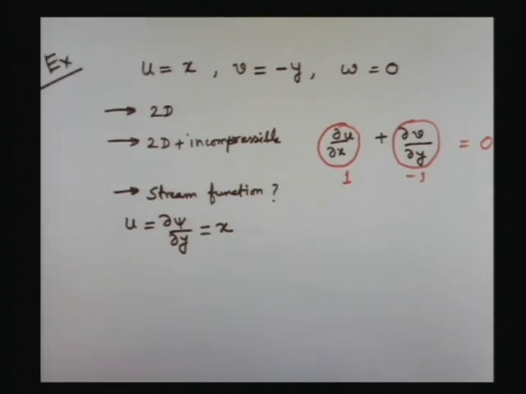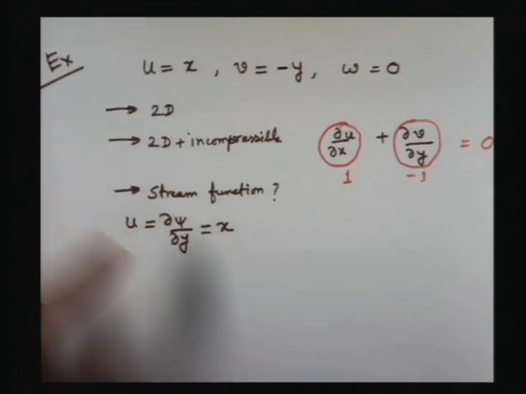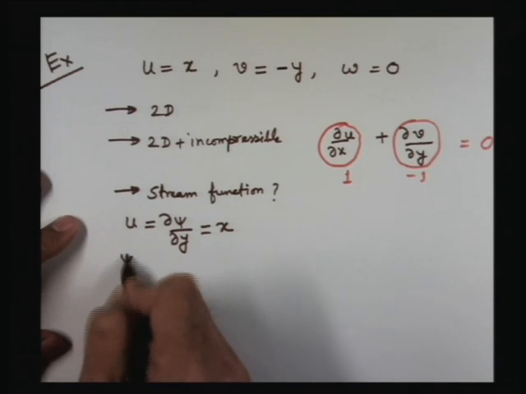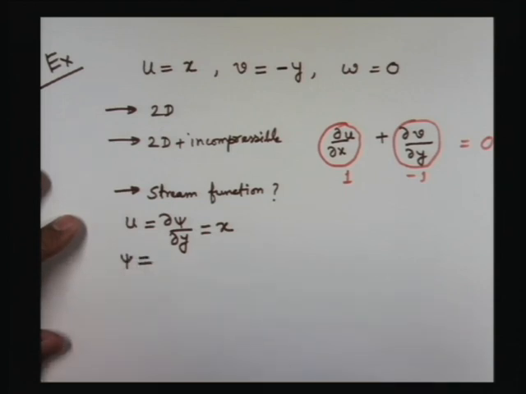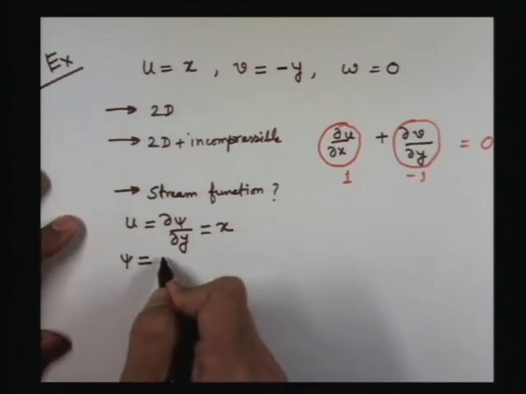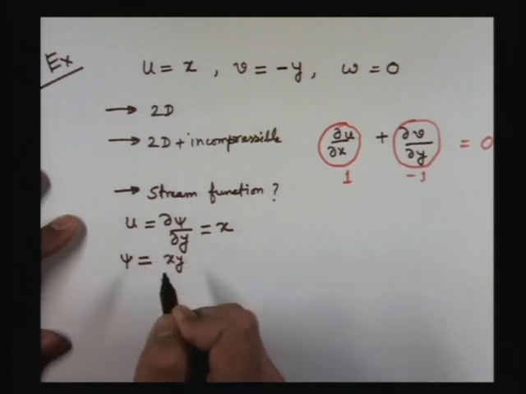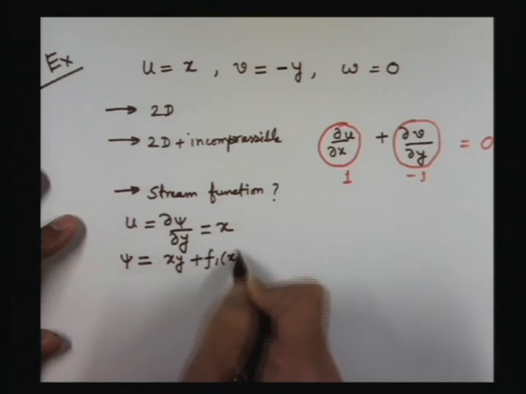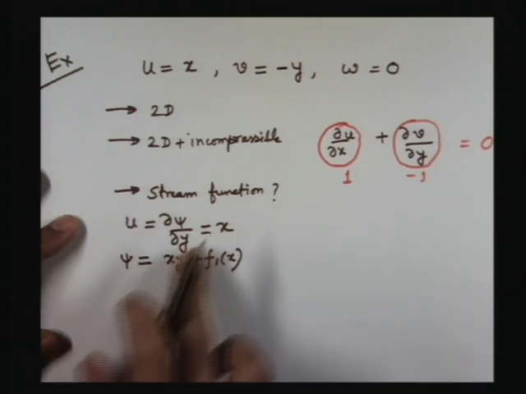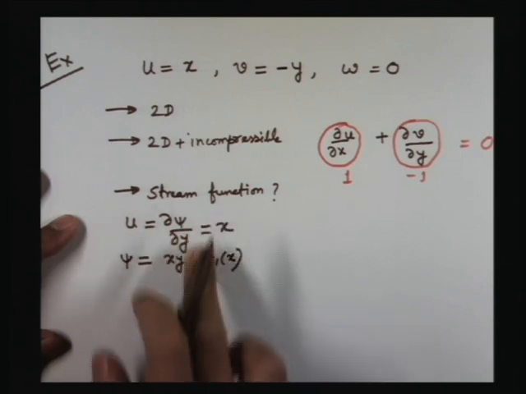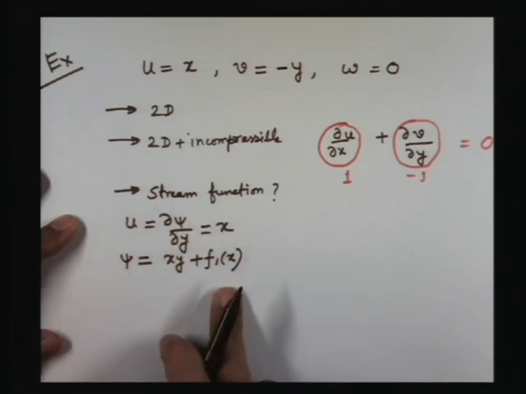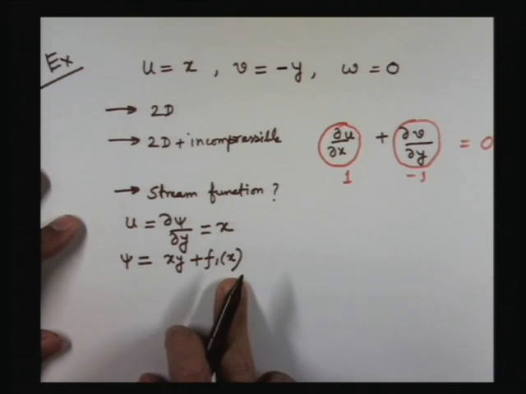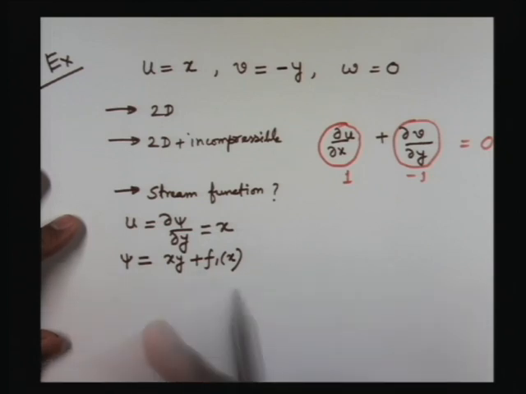So if you integrate this partially with respect to y, then psi is equal to xy plus a function of x. Remember, when you are integrating with respect to y partially, function of x is like a constant. So this may include some function of x plus a constant, a general function of x.